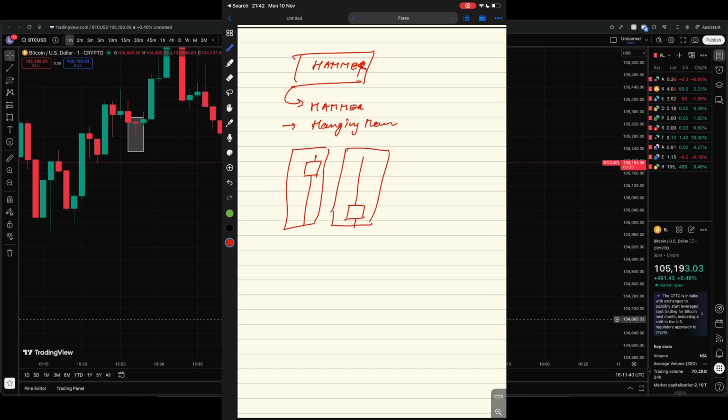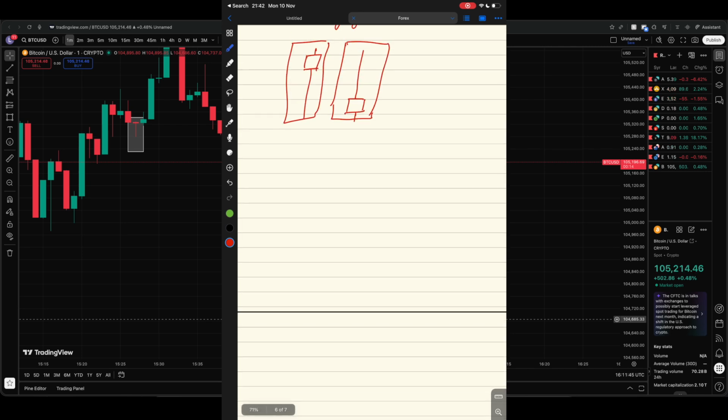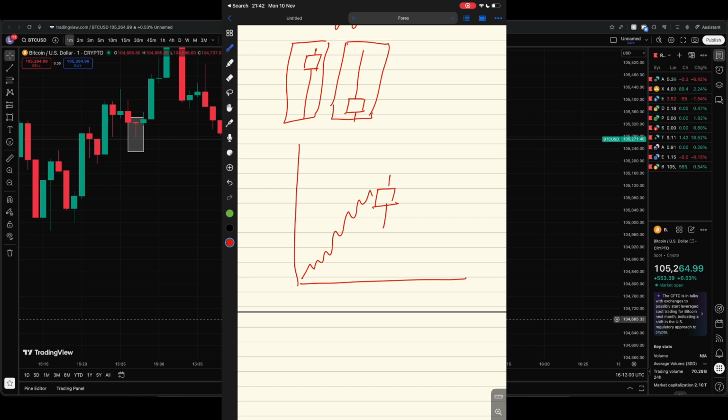One is the hammer and another one is the hanging man. These both are the same. And note one thing, that the color of this hammer doesn't matter. So it might be like this.